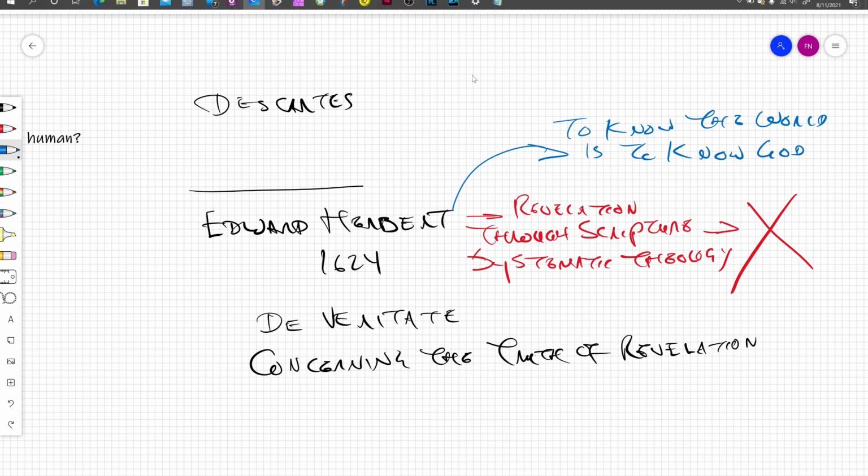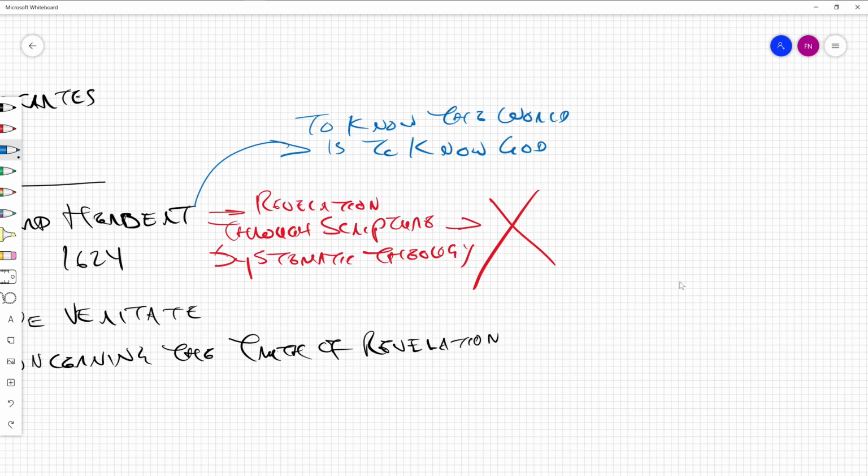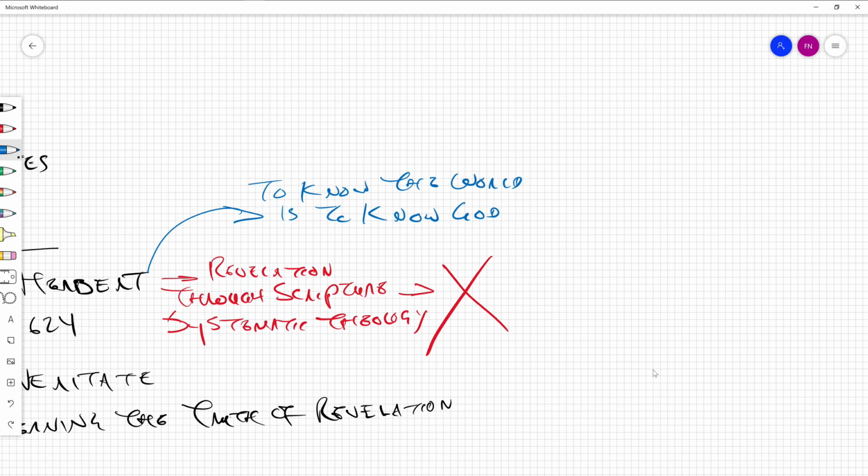Though I'm sure Edward Herbert had no idea of what the implications of this were, it prompts a shift from an a priori view of the world, as in a priori means beforehand.